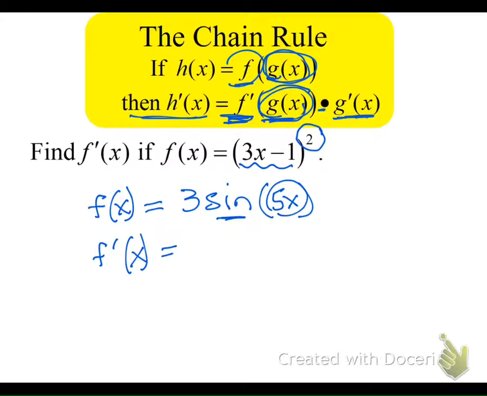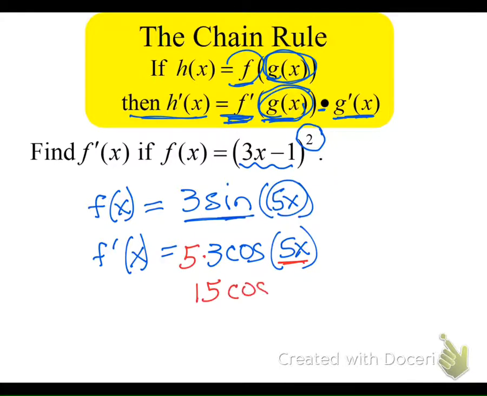The derivative would be the derivative of the outside, which is 3 cosine, leave the inside the same, times the derivative of the inside, and the derivative of the inside would be 5. So this is 15 cosine 5x. Okay, that's an easy breezy chain rule. So now let's do a couple more. We'll do some just like this, nice and easy, and then we'll step it up.